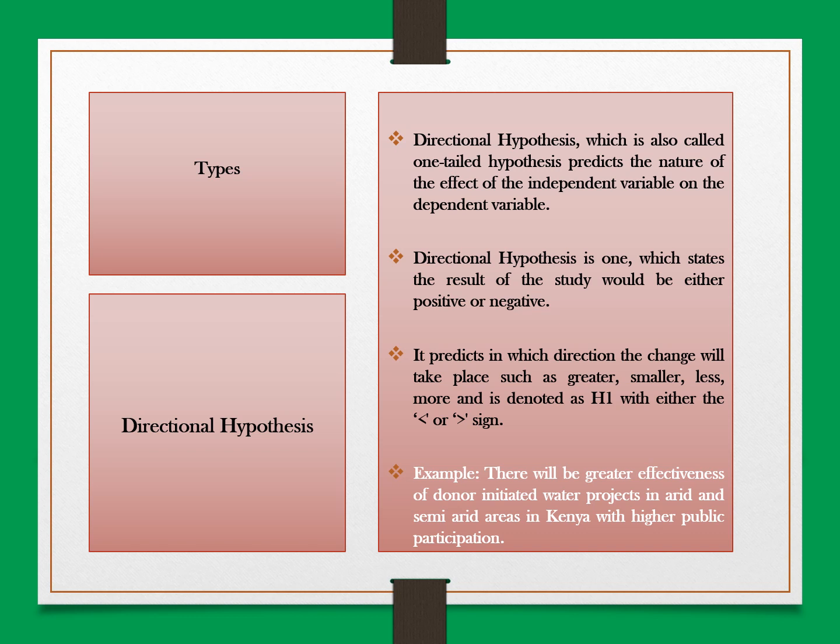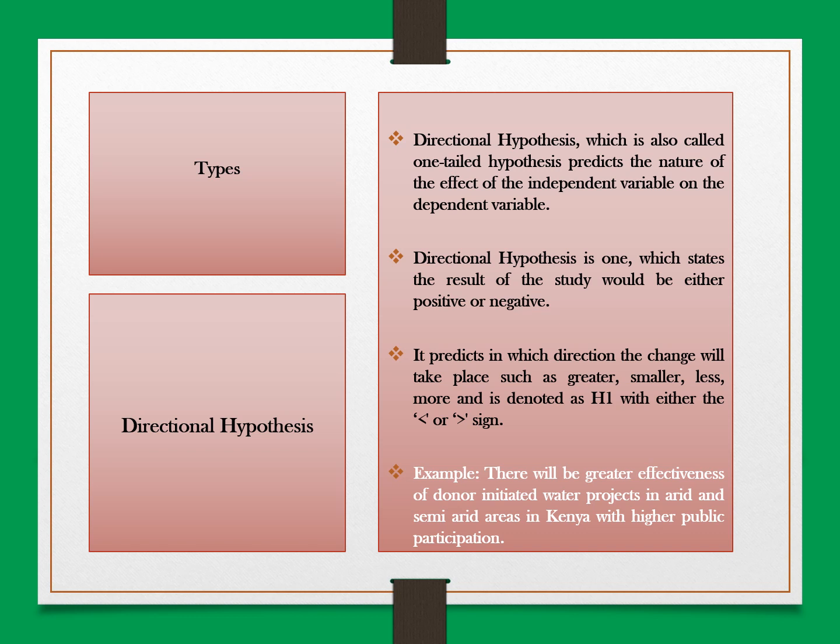Then we have what we call a directional hypothesis. A directional hypothesis is one in which the nature of the effect of the independent variable on the dependent variable is clear. It is one which states the result of the study would be either positive or negative. It predicts the direction in which the change will take place, such as greater, smaller, less, more, and we denote it as H1 with either the sign for greater or the sign for less.